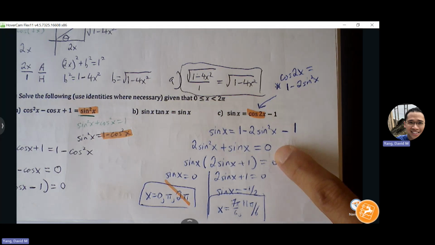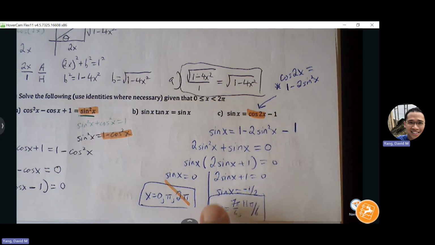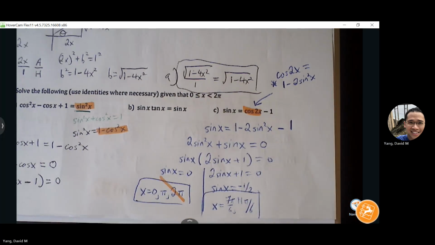So get everything over to one side, factor that sine out, and then it becomes more straightforward. Set it equal to 0 and then look for your unit circle values.